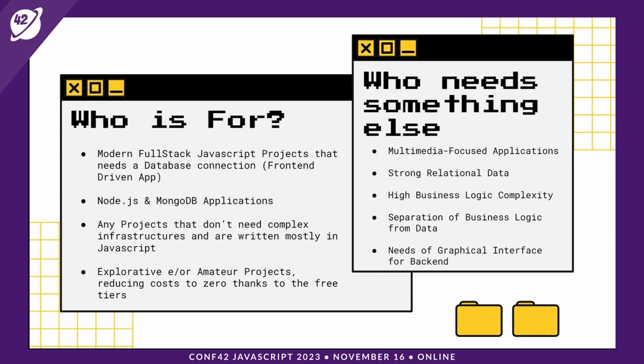What is this for? It is for a modern full stack JavaScript project that needs a database collection. So you think about a front-end driven app. The first thing you think about is your customer experience, and then you need something to save your data.